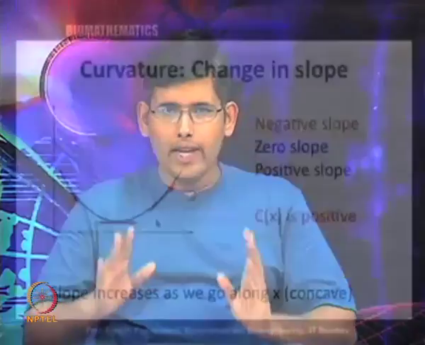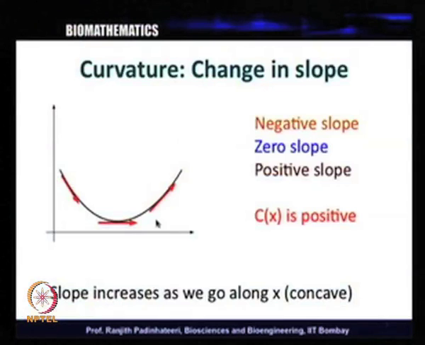The change in derivative is the curvature of the function, and this is important. We will see what its application is. And at the maxima or minima, which we call extrema, because it is either maximum or minimum, the derivative is 0, the slope is 0.